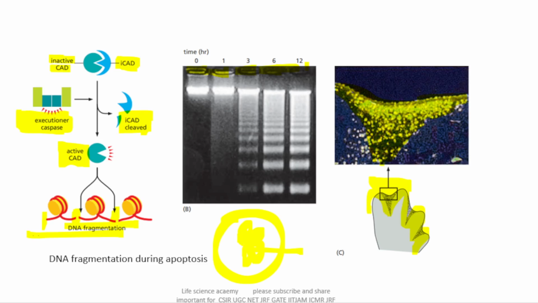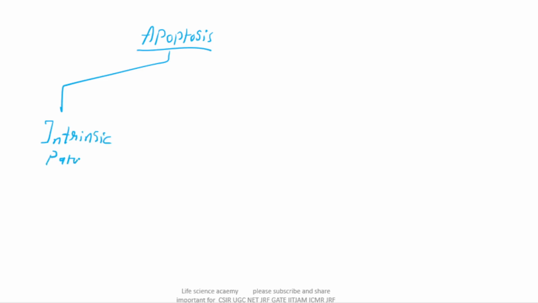So we have two things. And what are the two things when we're talking about apoptosis? Apoptosis can be studied in multiple pathways, like the intrinsic pathway, in which the mitochondria is involved.